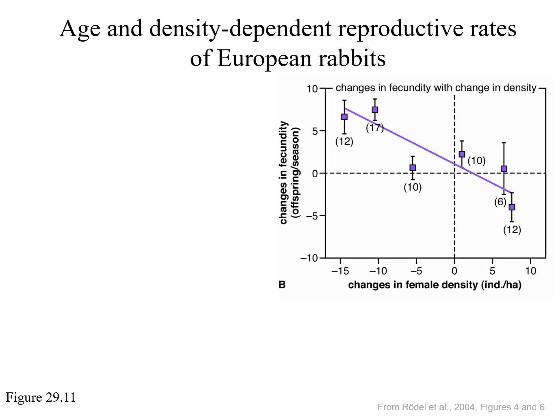So what we're looking at here is a little bit different. The y-axis is looking at a change in female density and a change in the fecundity from one season to the next. So imagine you're in a world in which the number of rabbits that you live among decreases dramatically from this year to next.